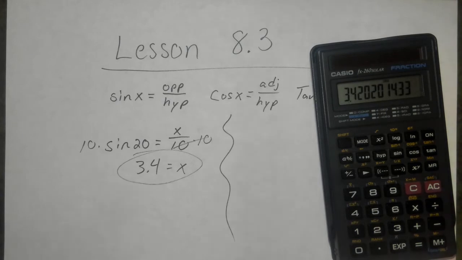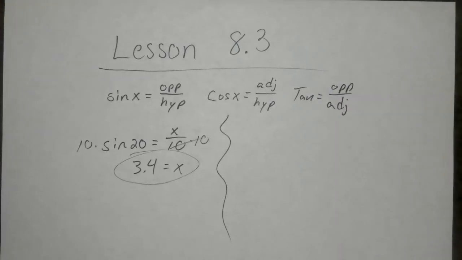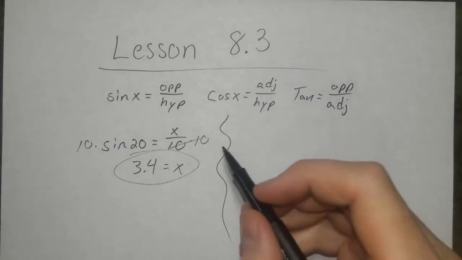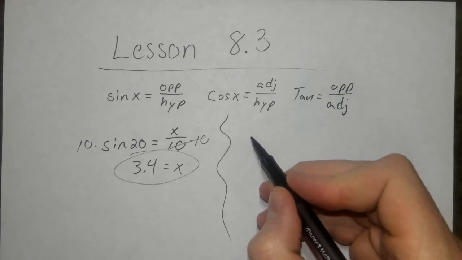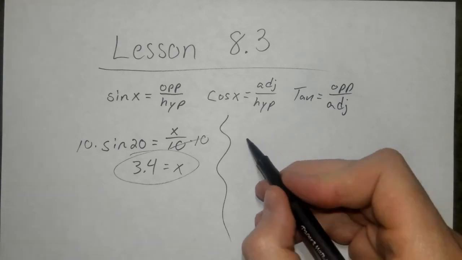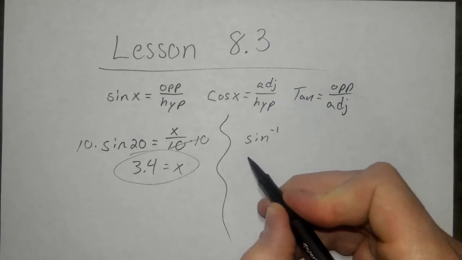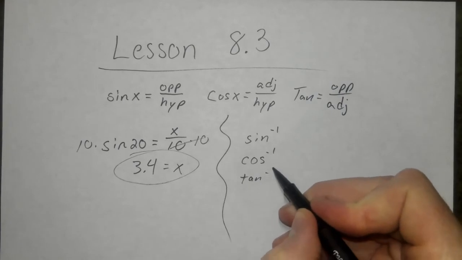All right, in lesson 8.3, the one we're going to look at in this video, we're missing an angle. Okay, so we're actually going to use the inverse trig functions. So if you look on your calculator, instead of sine, usually right above it, and it's a secondary function, or you may have to press the second key or the shift key, you'll see sine to the -1 power, cosine to the -1 power, tangent to the -1 power.